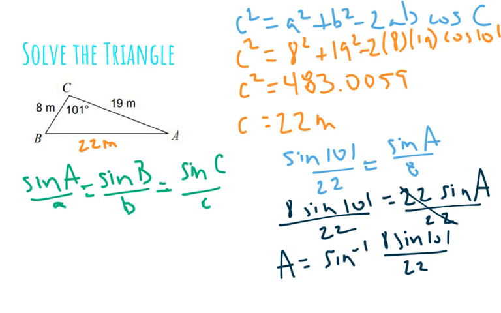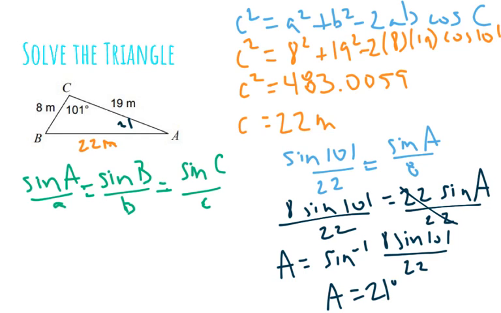And then I'm going to plug that into my calculator, round it, and I'm going to get 21 degrees, right? So then I know that my A is 21 degrees.